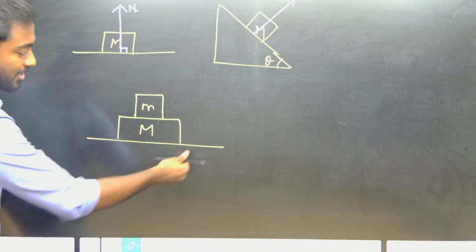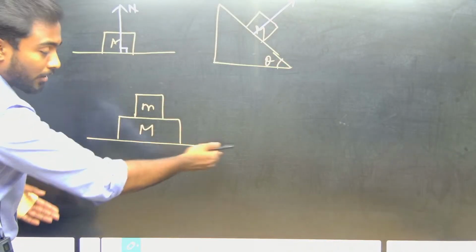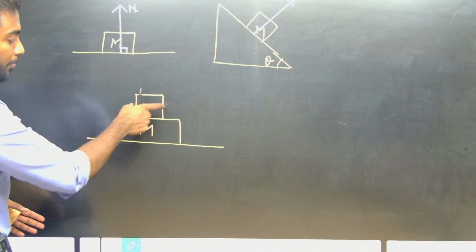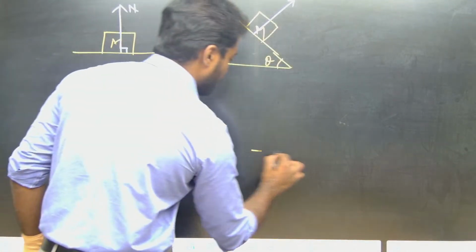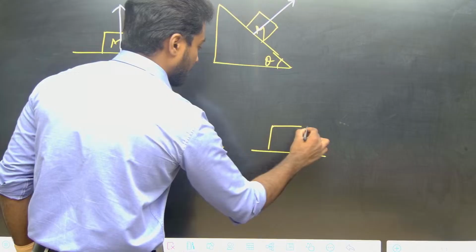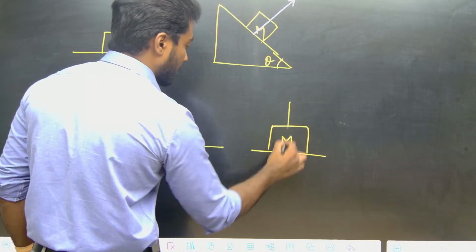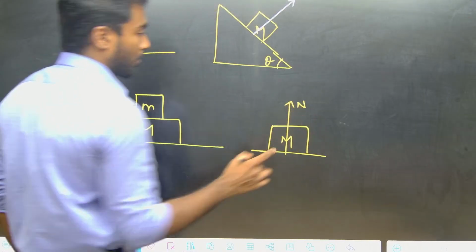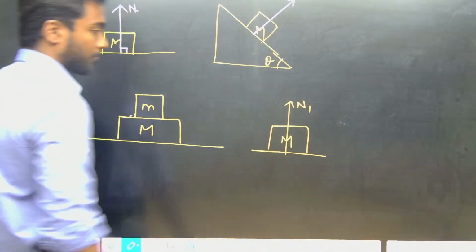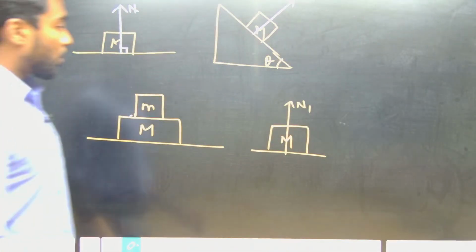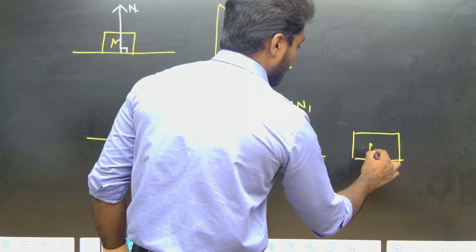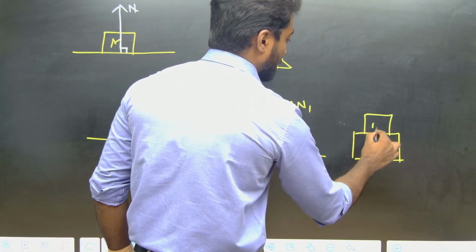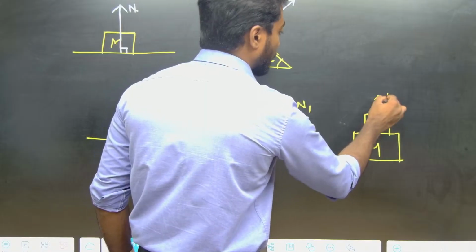Capital M has a surface with respect to the ground, but the small m has a surface with respect to the capital M block. So this is my capital M and this is my first normal force N1. Second, this is my M and this is my small m, so the normal force will look like this. This is my N2.